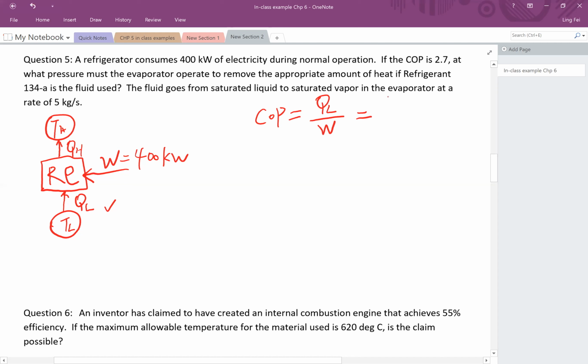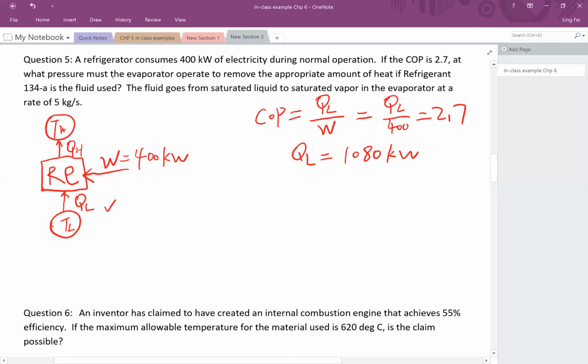So you have QL divided by 400 equals 2.7. This is a COP. So your QL will be, if you do the calculation, equal to 1080 kilowatts, 400 times 2.7. So let's continue.